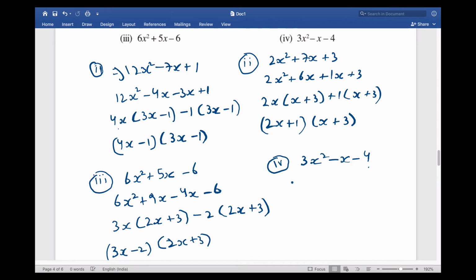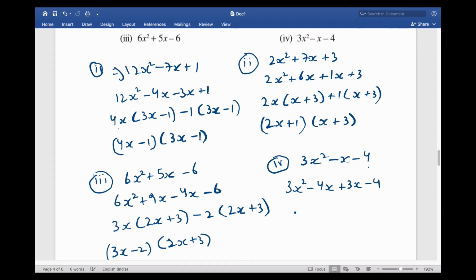So I will get 3x square minus 4x plus 3x minus 4. Now you can rearrange and write it also. Even if you solve it this way, you will get the same answer.